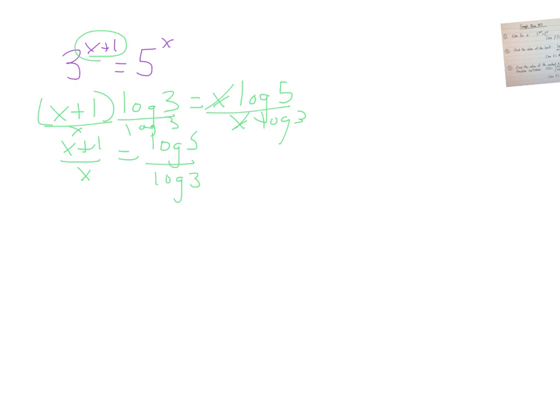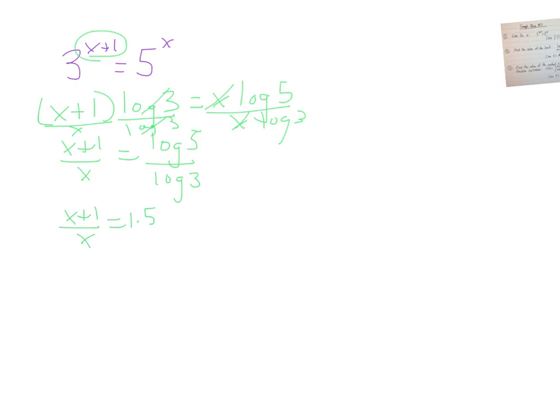And so x and x cross out there, and log 3 and log 3 cross out there. So now you would just use a calculator, and you're going to find the log of 5 divided by the log of 3. That's about 1.5. I think it's just under that, but let's use 1.5 just so that we can work through the example and continue on here, okay?